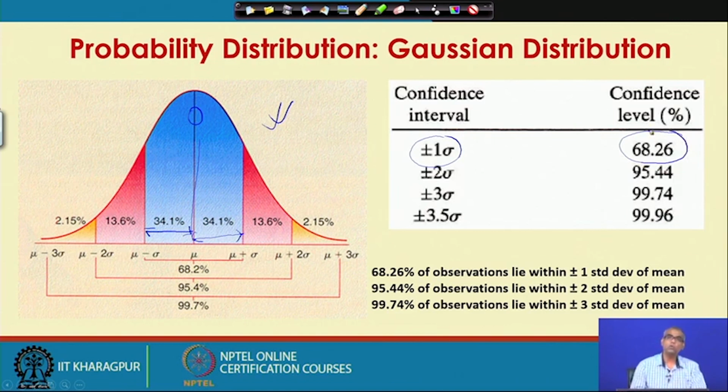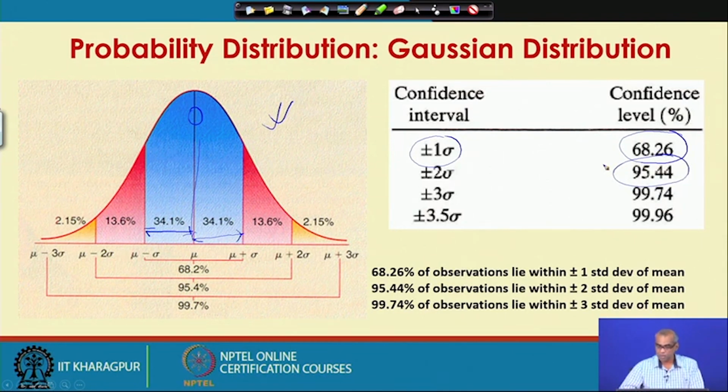Now, if we go to plus minus 2 sigma around the mean, that means if I increase the length of the interval to 2 sigma around the mean, it will be mu plus 2 sigma, mu minus 2 sigma. Within this interval 95.44% of the observations will lie.